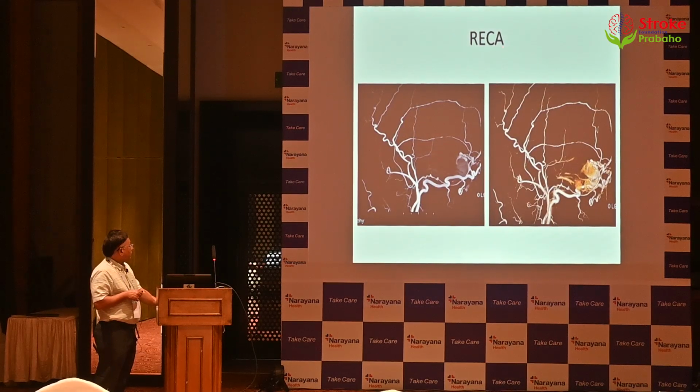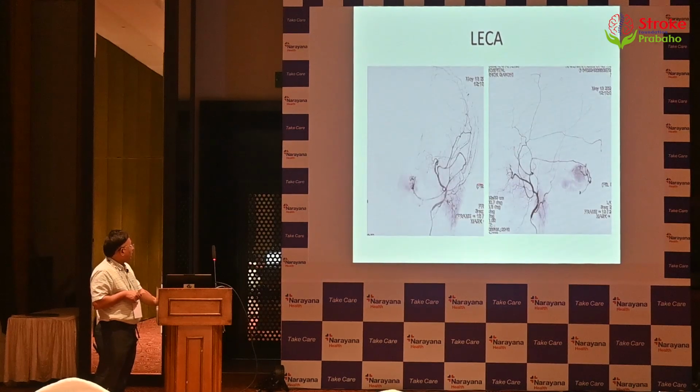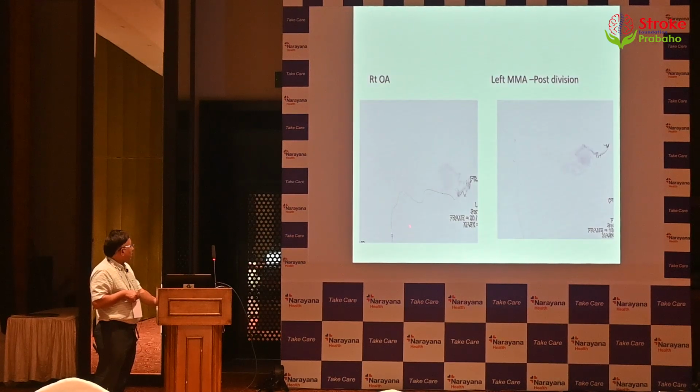This is the right external carotid artery injection, and we can see the middle meningeal artery is supplying the fistula. Left external carotid artery injection is a good supply to the dural fistula. So first we went to the right occipital artery but could not embolize nicely. So we went to the left middle meningeal artery posterior division.